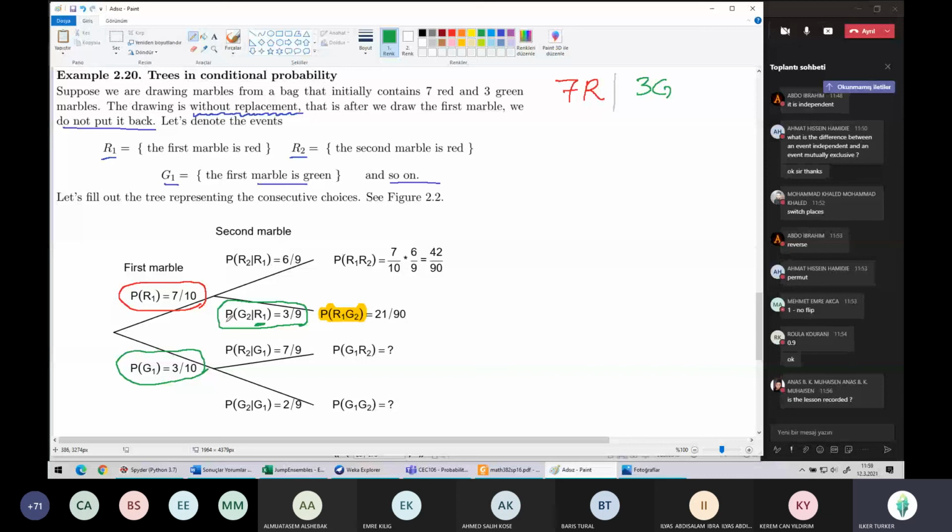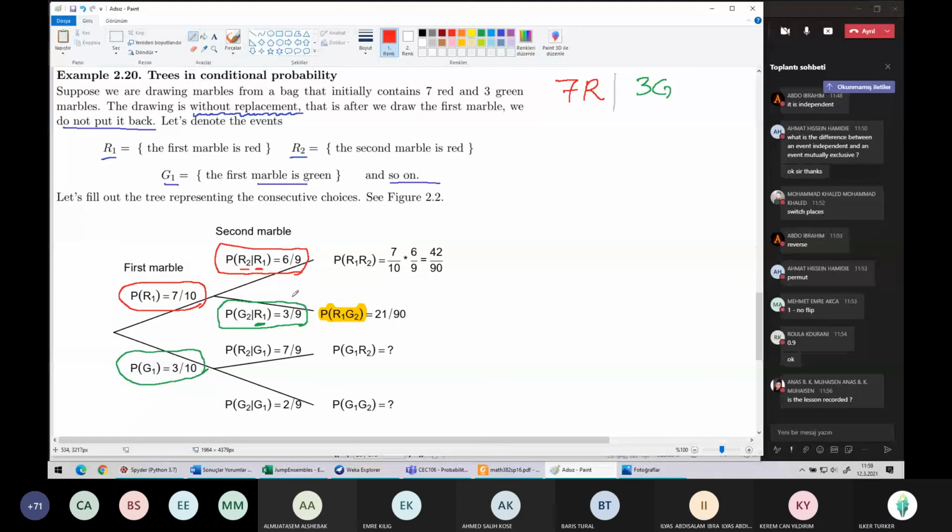This means probability that second one is green, given that first one is red. And given that first one is red, what is the probability that second one is also red? We have 6 remaining reds over 9 total. This is P(R2 given R1).